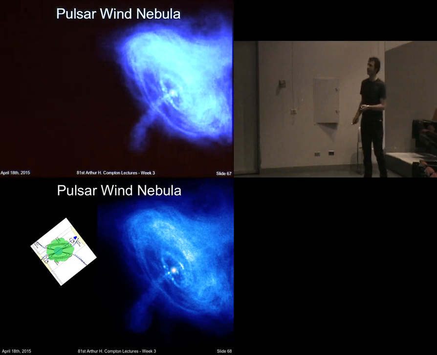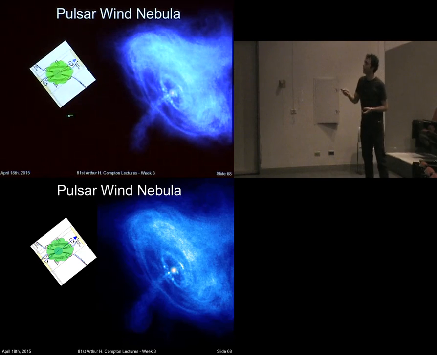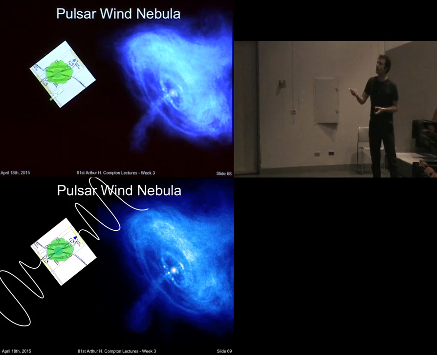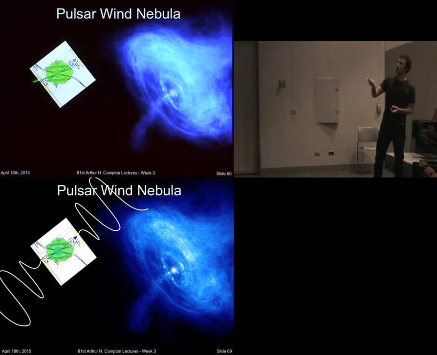All right, now let's try and make some sense of this. So remember now, I've put our little picture of our rotating magnetospheric blob, and I've aligned the rotation axis with this jet. Now remember those escaping magnetic field lines?